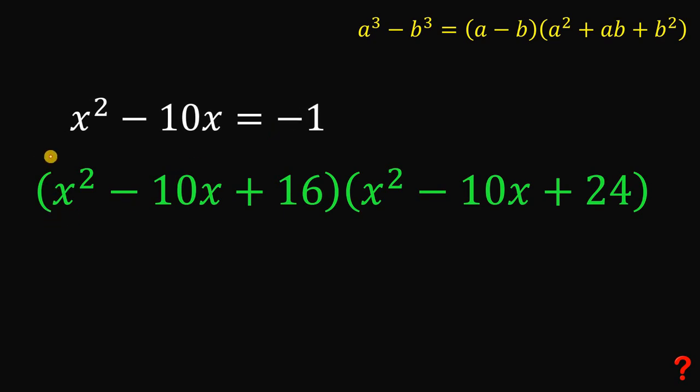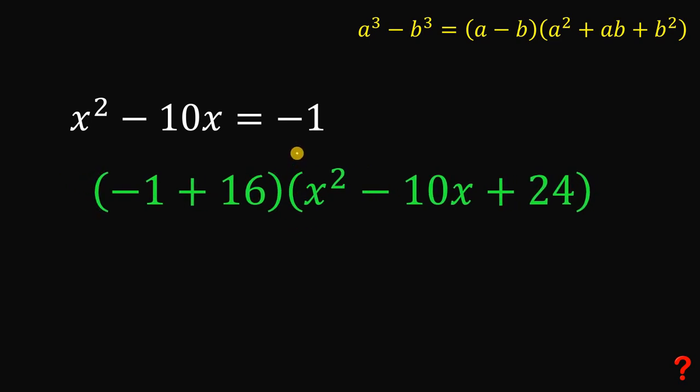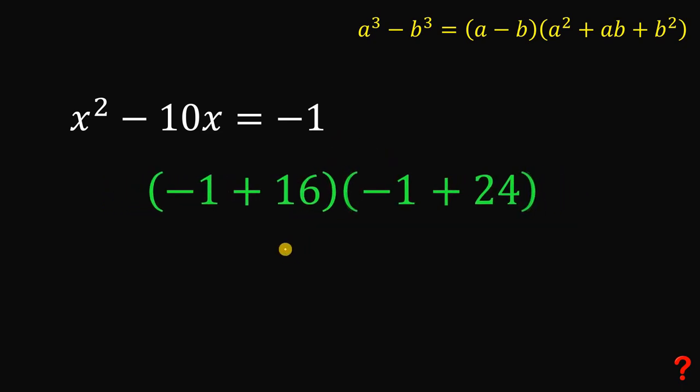So, x squared minus 10x right over here, this is just negative 1. Also, this x squared minus 10x is also equal to negative 1. So, our expression trims down to negative 1 plus 16 times negative 1 plus 24.